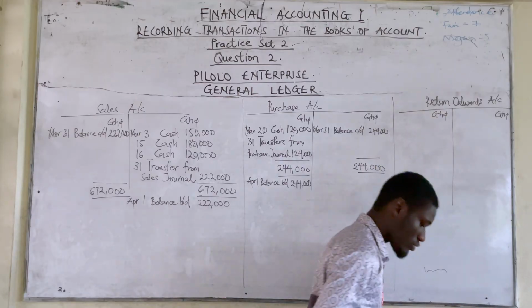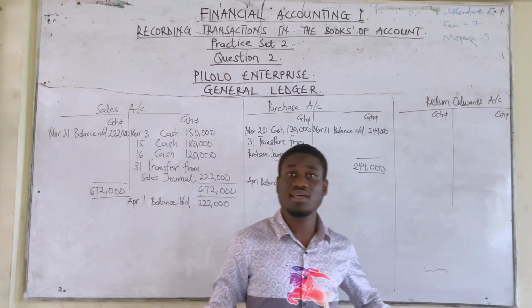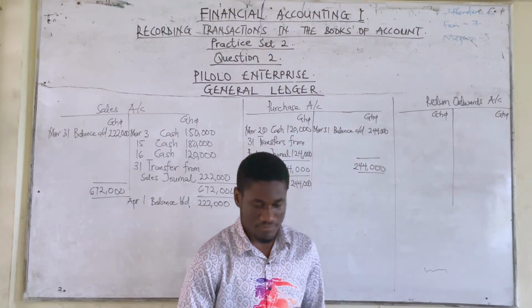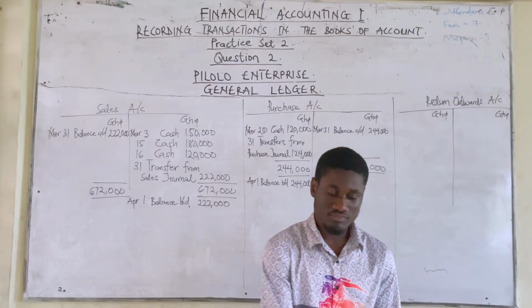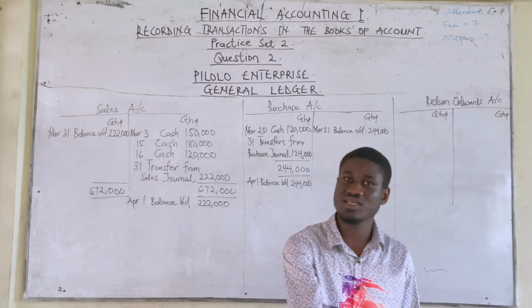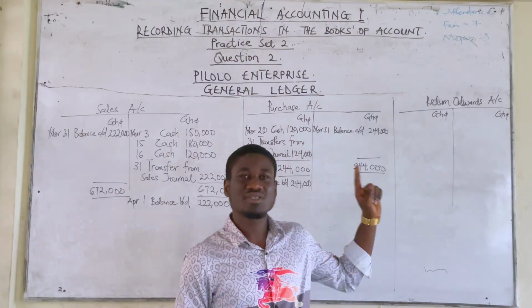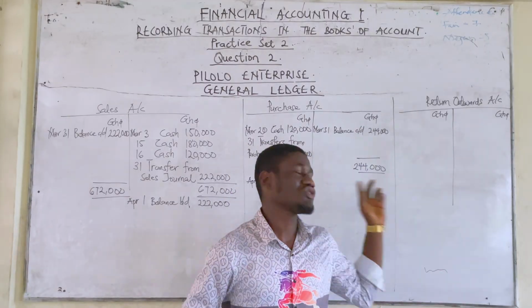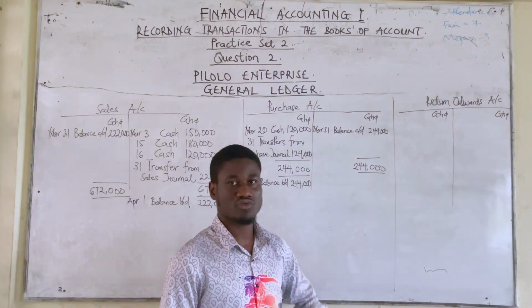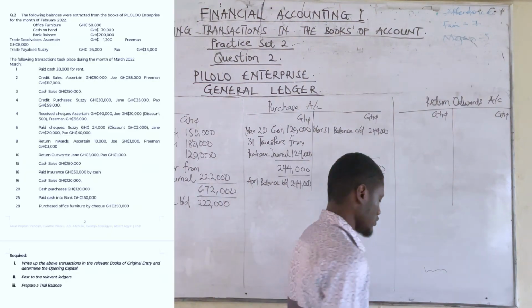Good. So this one is also going to record our returns outwards. Our returns outwards here is the transaction that involved the returns outward. Normally this transaction has already been treated in the returns outward journal. So you just transfer from the returns outward journal to the returns outward account. Yes. Good.